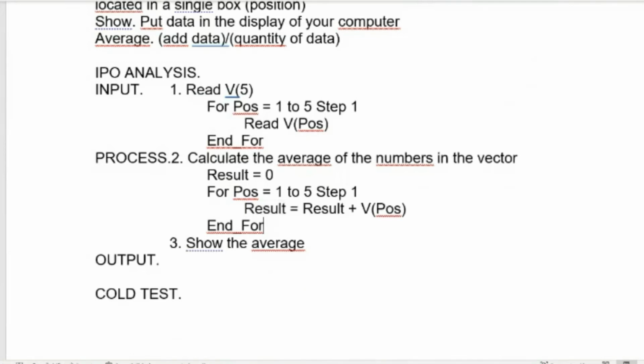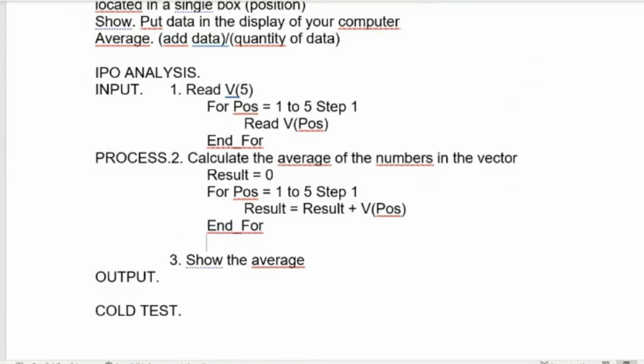So we are going to calculate average. When we finish this loop, we have the result of adding the numbers in the vector. Then calculate average B is equal to result divided into 5.